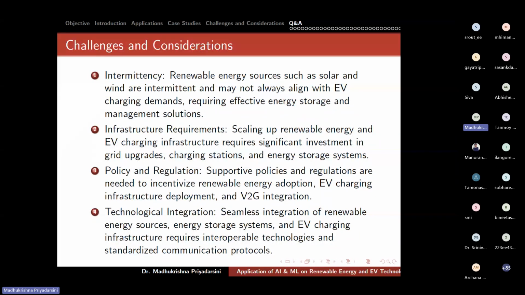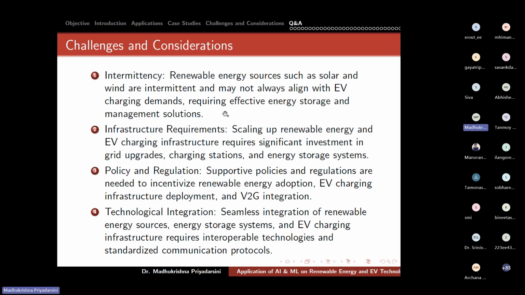Suppose you are using solar energy for your EV, and the solar panels are not recharged; you are completely dependent on the sun to recharge it. So suppose for 7 or 8 days there is cloudy weather, how will you recharge your EV? That is the intermittency. This is one of the challenges we are facing nowadays for the integration of EV and renewable energy.